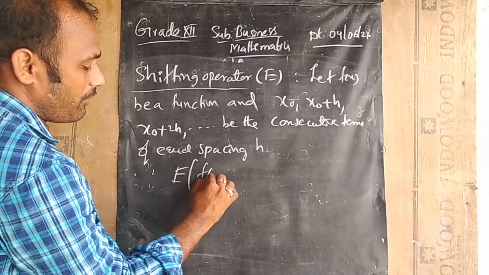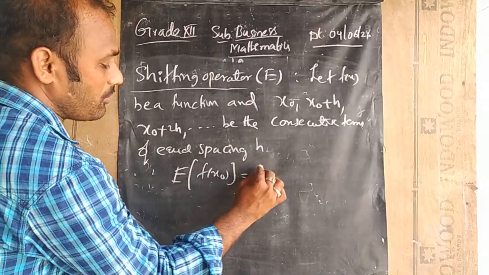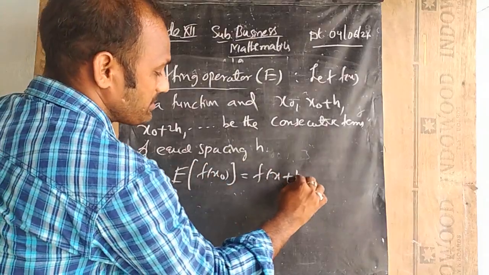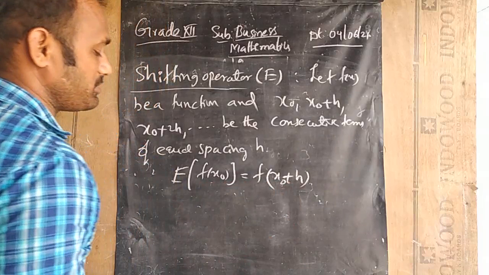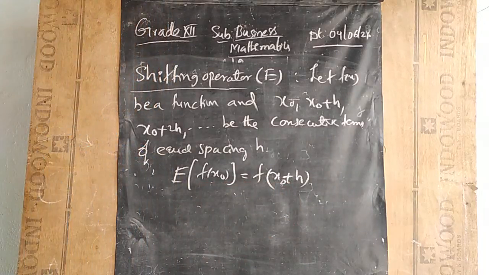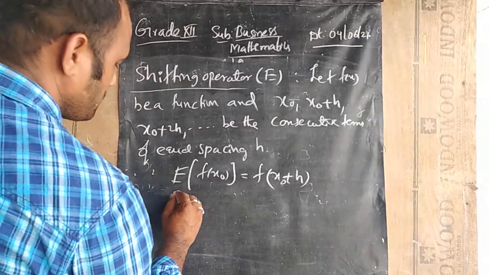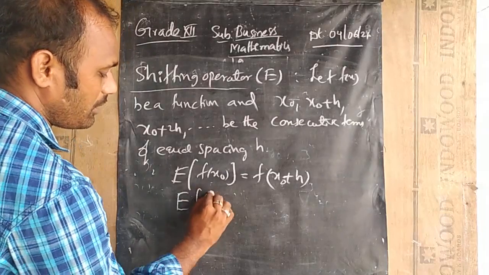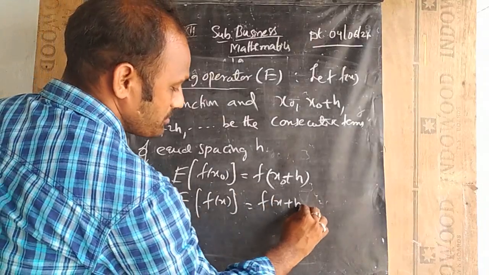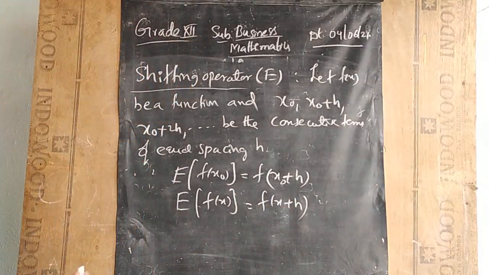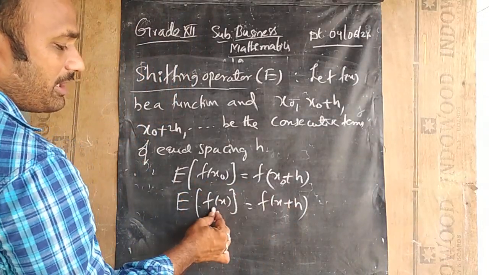E of f of x0 is equal to f of x0 plus h. So this is the shifting operator. We can write this as E of f of x is equal to f of x plus h. Here x0 means x0, and x means x.